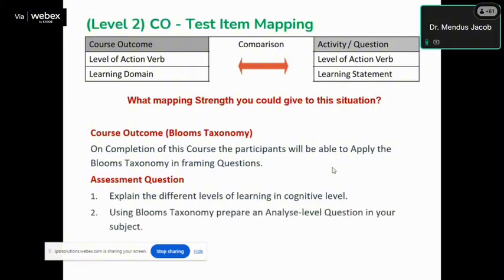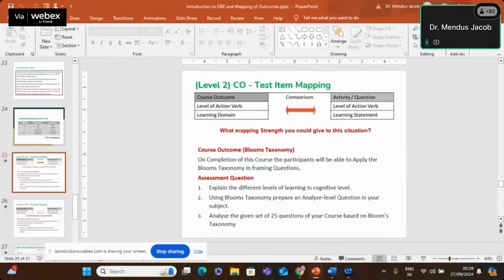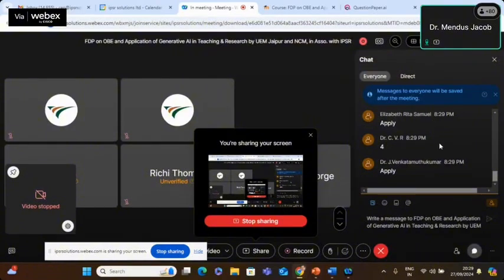Using Bloom's taxonomy, prepare an analyze level question in your subject. So what is the level of this question? Applied. Yeah.